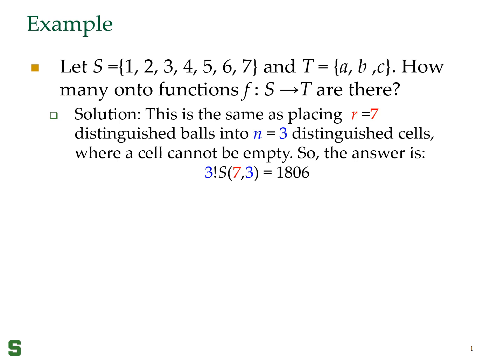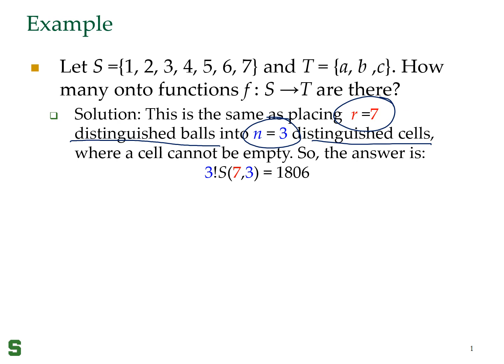I want to make sure that you understand why the balls in this case are distinguished, why there are 7 of them, why the cells are distinguished, why there are 3 of them, and how we are taking the notion of a function and converting it into the problem of throwing balls in a set of cells.